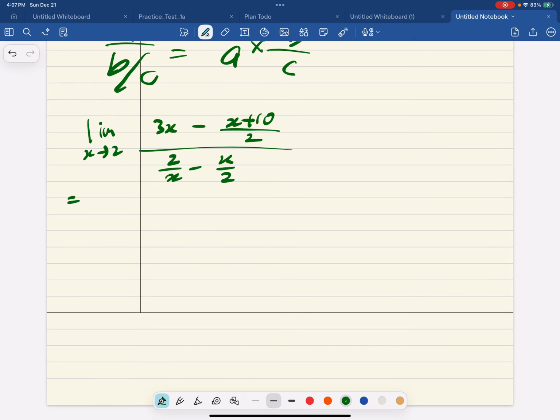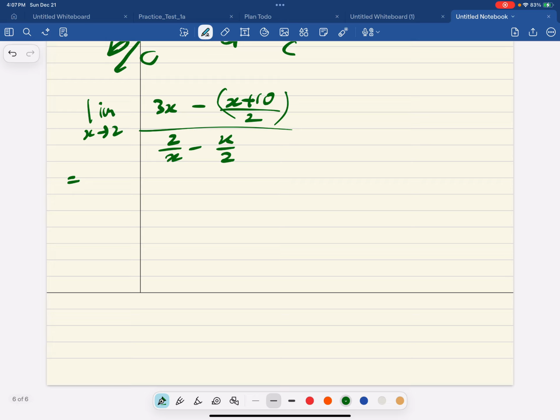But first of all, you have to make sure that it's brackets, and then distribute the minus signs, or you can do the distributions after you break it down. So in this case, I usually like to separate it into 2 fractions, two expressions instead of one huge one that has a top and a bottom.